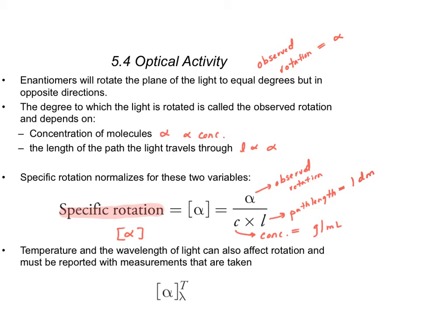A decimeter is 1/10 of a meter, or usually you'll see 1 decimeter equals 10 centimeters, because a lot of times these path lengths are reported in centimeters. You have to convert to decimeters before you can calculate specific rotation. So stupid, I know. It's like, why can't we just set a convention and use it forever? Why do we have to go to grams per milliliter, and why do we have to use decimeters?